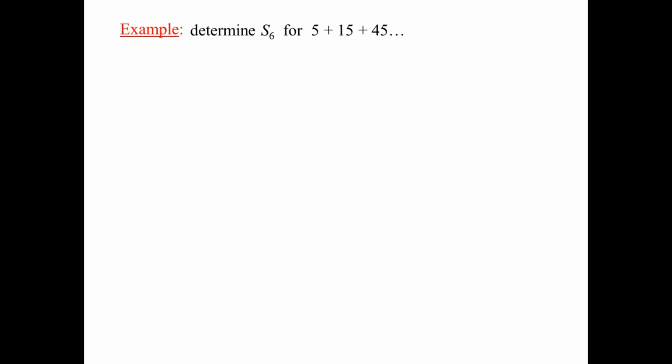Let's use that formula a few times to determine the sixth sum, S sub 6, for that series, 5 plus 15 plus 45. Solution? Well, a is 5, r is the result of dividing backwards, and n, well, we're looking for the sixth sum.